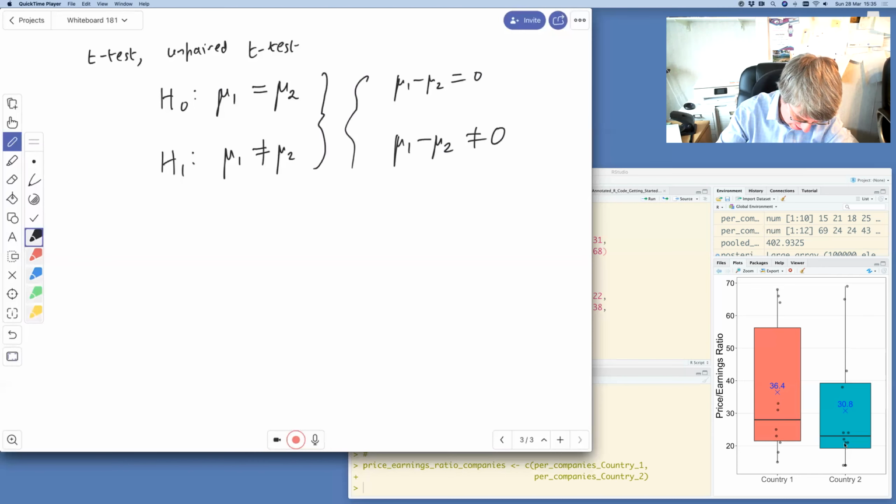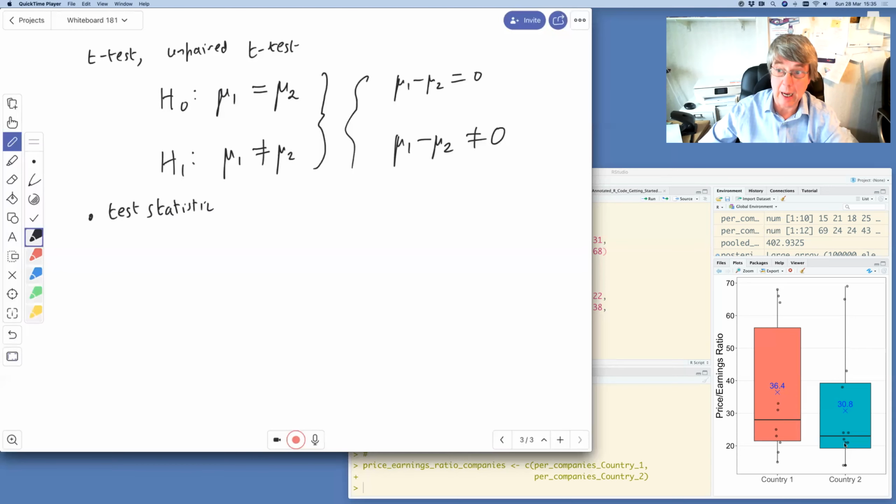How do we do any statistical test? The first thing we have to do is compute a test statistic. In this case, it turns out that the test statistic is 0.657.